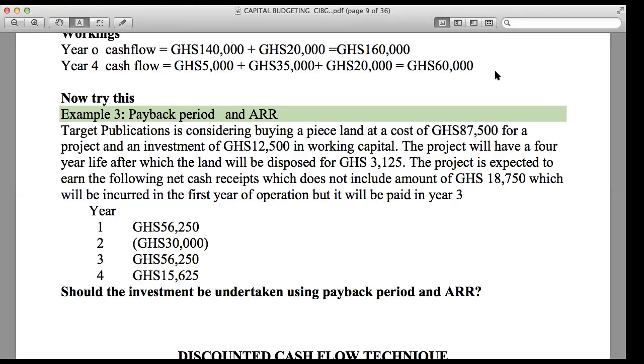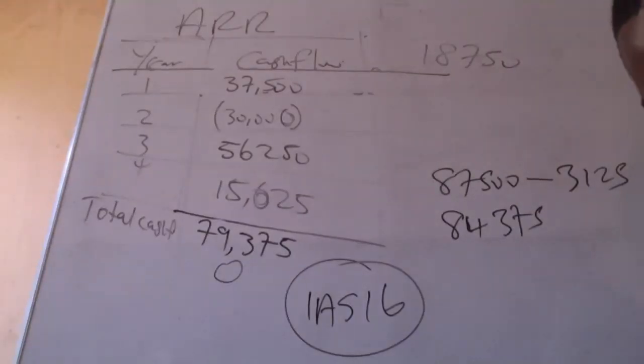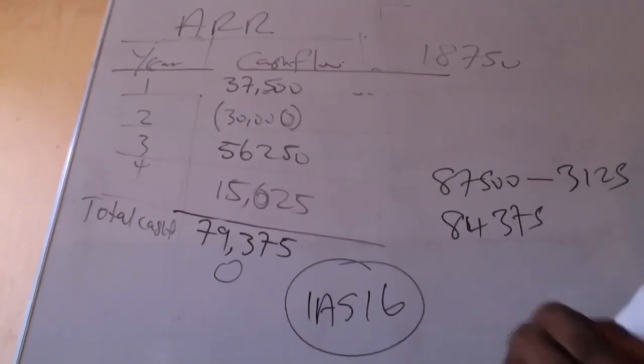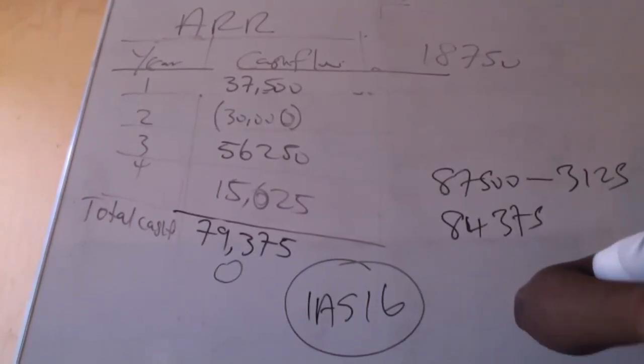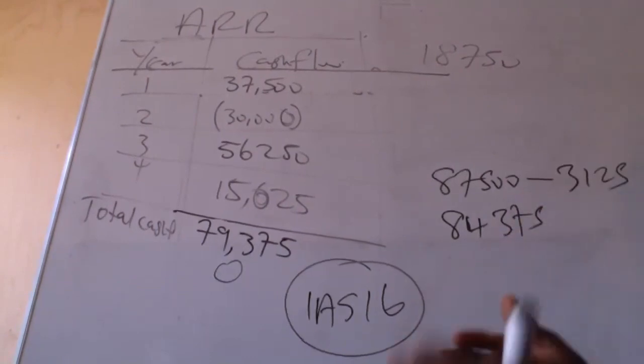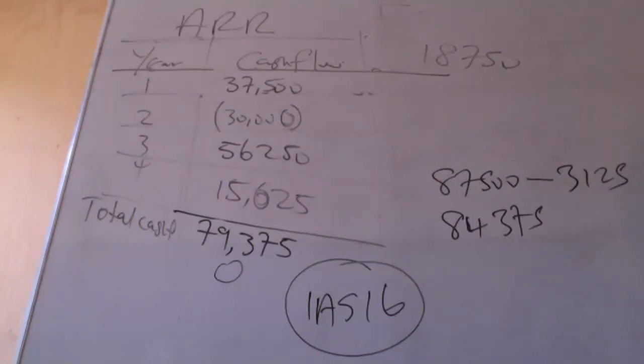Now let me explain the reason why we don't depreciate land. The reason is this: depreciation is a fall in value or loss in value of an asset over the useful life.